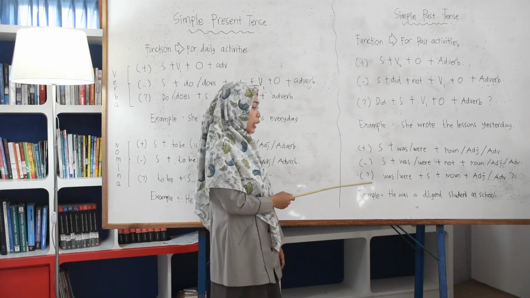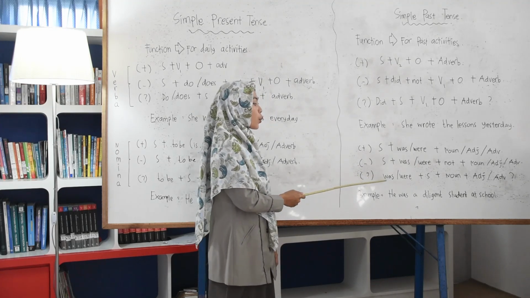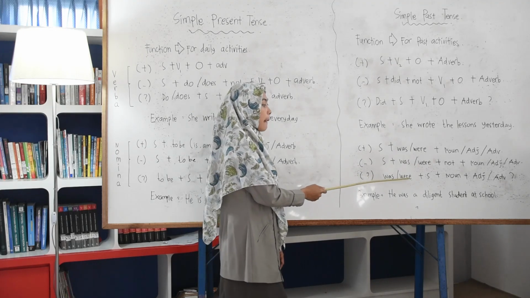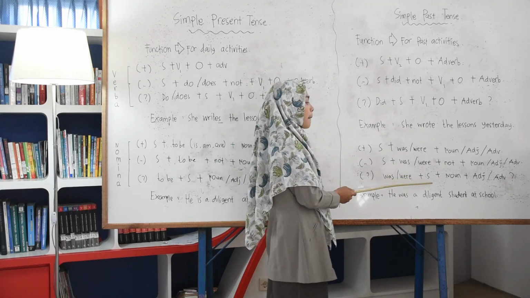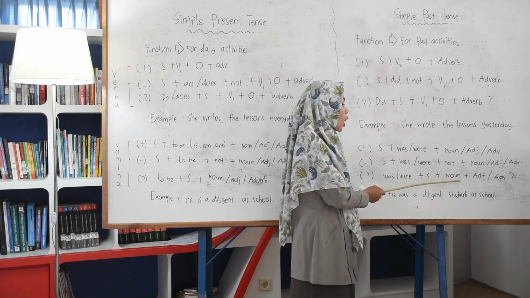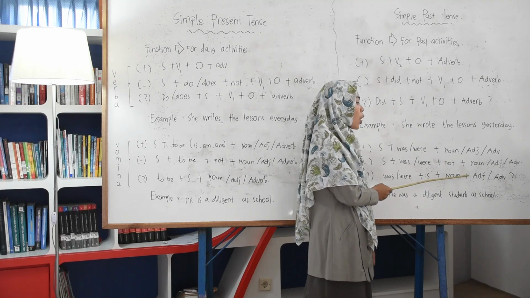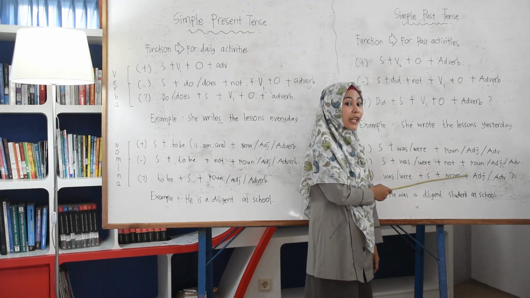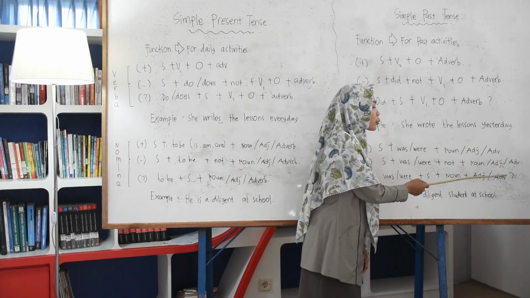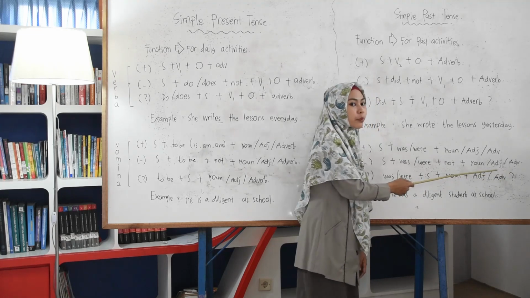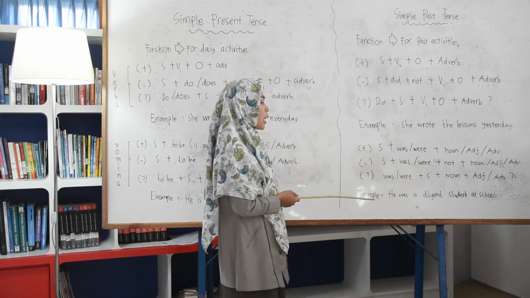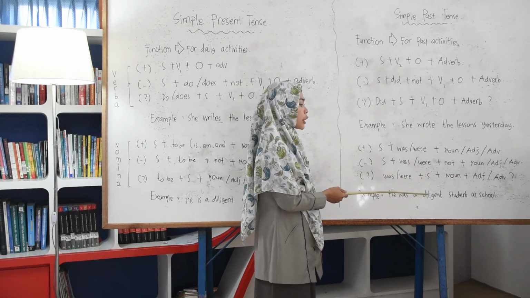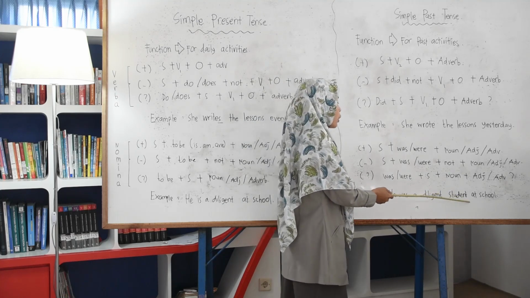And the last, interrogative sentence, was or were, plus subject, plus noun or adjective or adverb. Don't forget to put the interrogative punctuation. The example is, he was a diligent student at school.